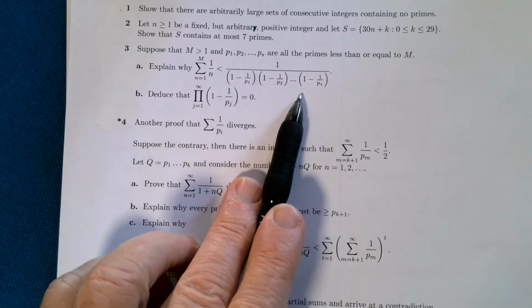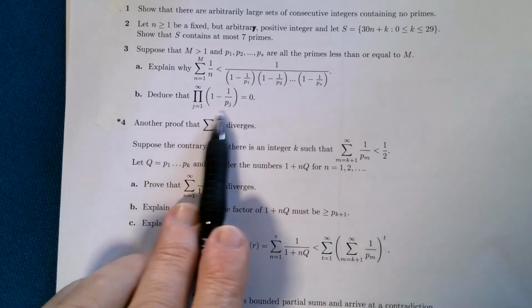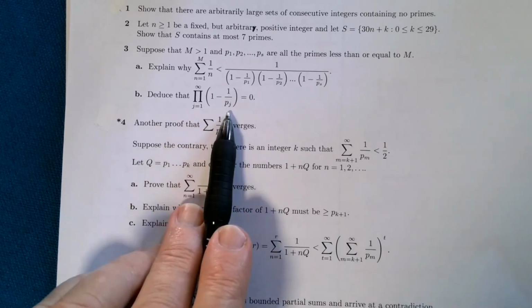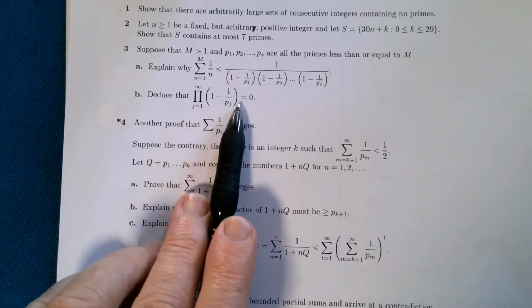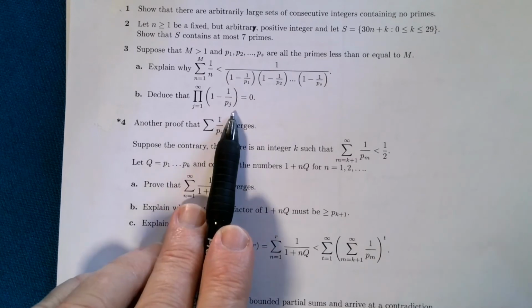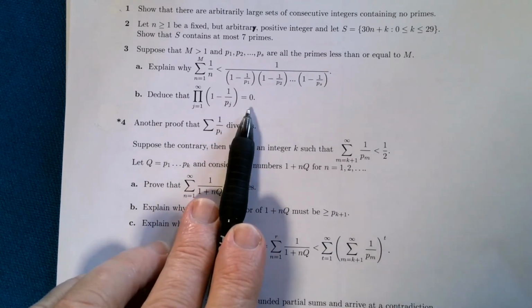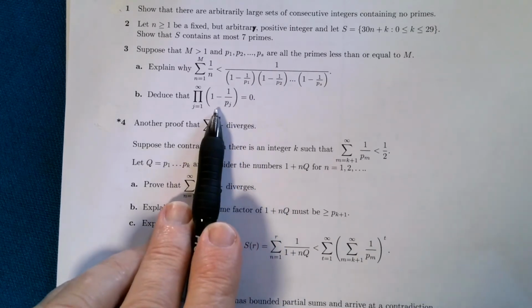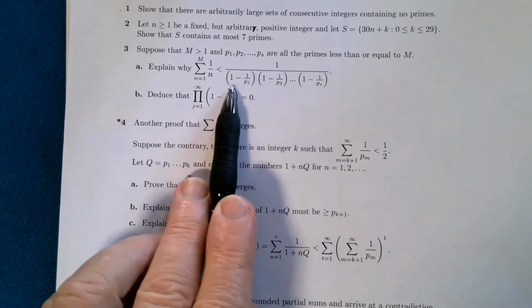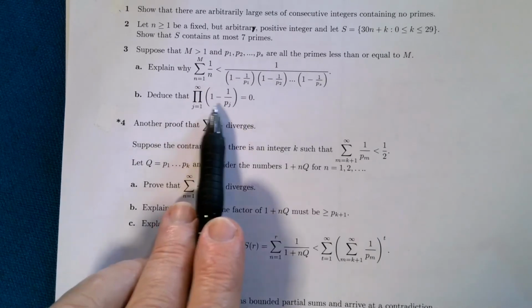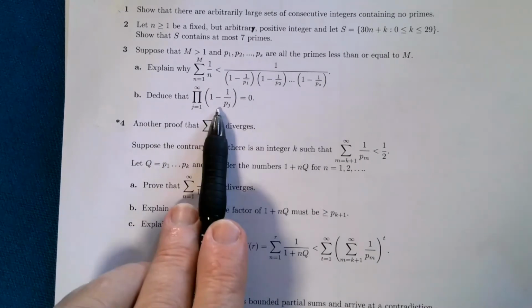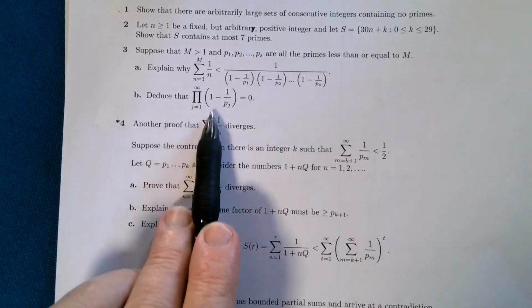Then we're going to deduce that this infinite product of 1 minus 1 over pj, where pj is the jth prime, is 0. The infinite product has a limit of 0. This will follow easily by multiplying this up to here, because this product is just this one, but up to some point s.